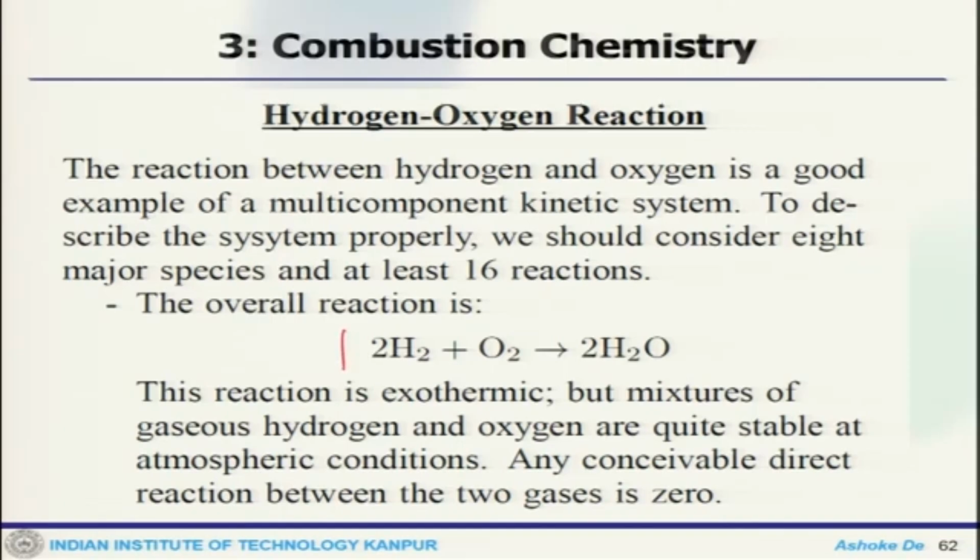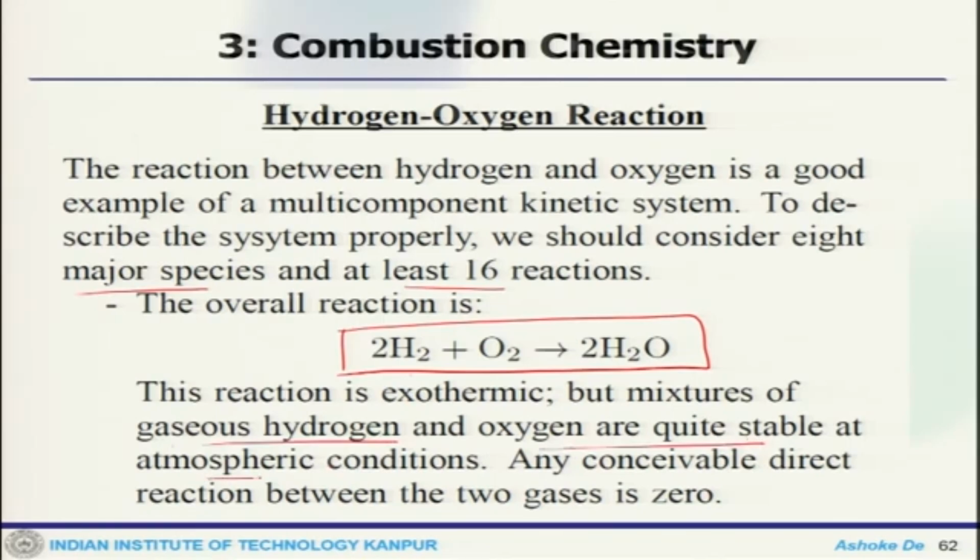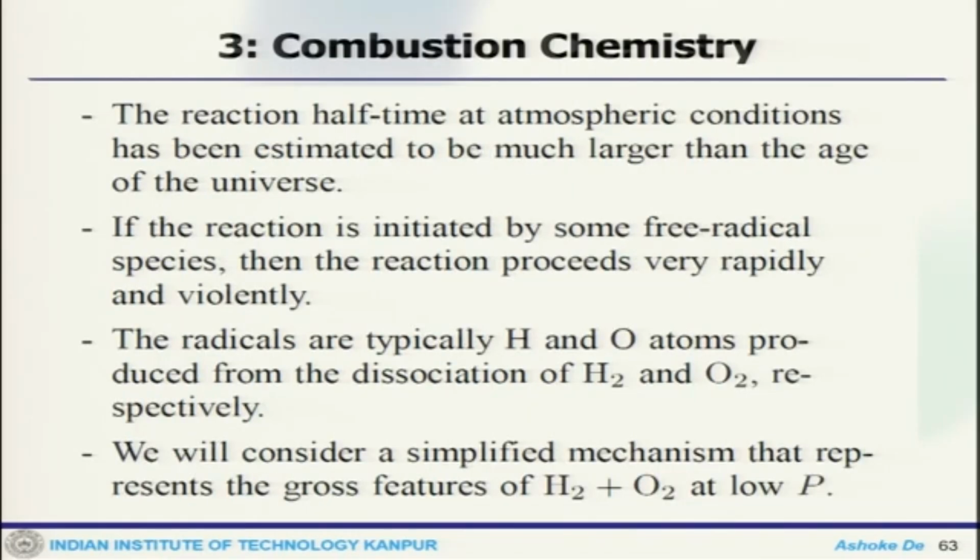This particular reaction is the global or overall reaction, but if you look at the elementary steps, there could be multiple species, major species, and some reaction steps. Overall this reaction is exothermic, where gaseous hydrogen and oxygen are quite stable at atmospheric condition, so any conceivable direct reaction between the two gases is not possible.